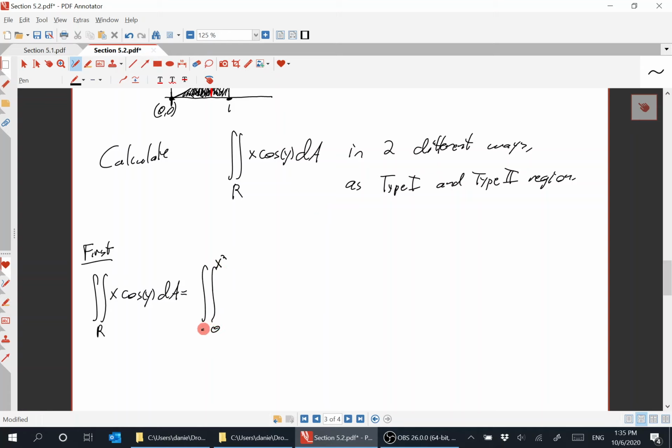So 0 to x squared for y, 0 to 1 for x, of x cosine y dy dx. So the antiderivative with regard to y, x is a constant, antiderivative with regard to y is just sine y. x sine y, and then you evaluate from y equals 0 to y equals x squared.